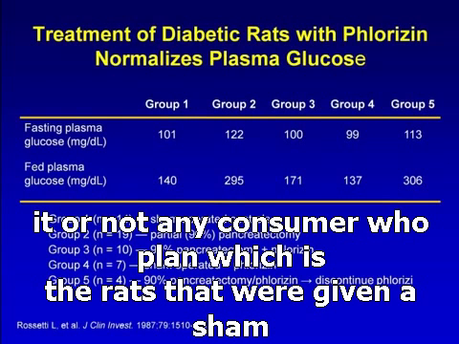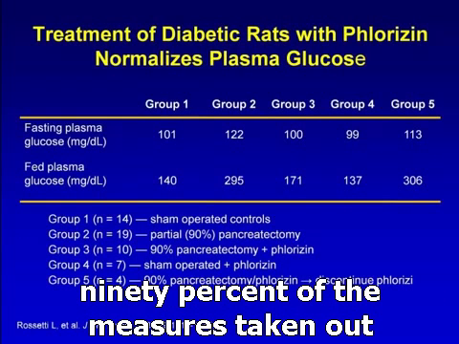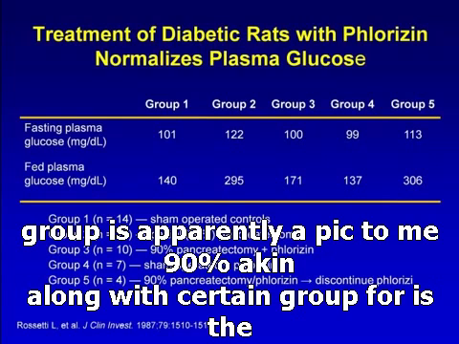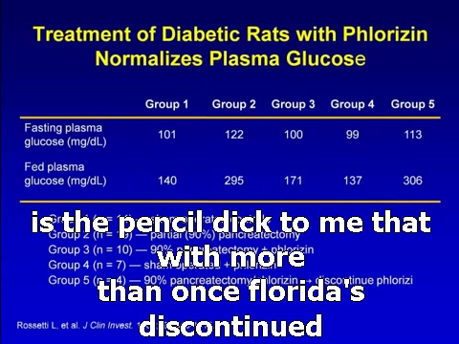Group 1 is the rats that were given a sham operation, but the pancreas was still intact. Group 2 is a pancreatectomy, with 90% of the pancreas taken out. Group 3 is the pancreatectomy, 90% taken out, along with phlorizin. Group 4 is the sham-operated rats with just phlorizin, without the pancreatectomy. And group 5 is the pancreatectomy rats once phlorizin is discontinued.